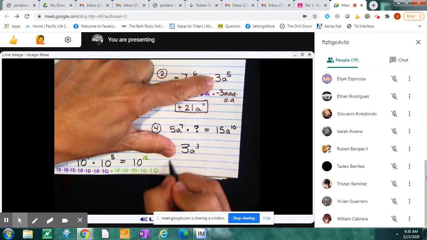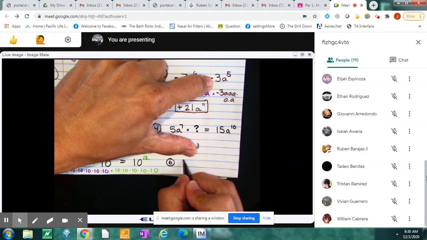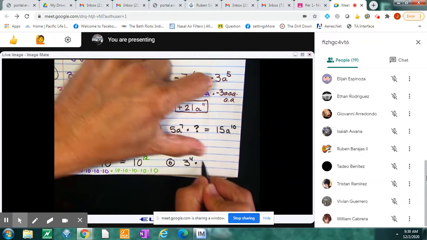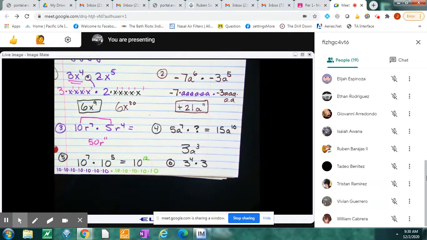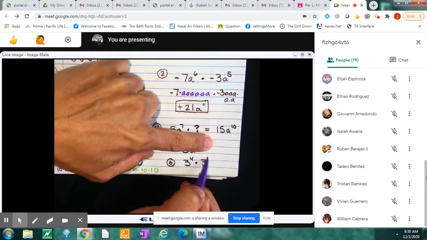So without having to do this, 3 to the 4th times 3 to nothing. Oh, there's one. 3 to nothing. But is it 0 or invisible 1 when there's nothing? It has to have a value, right? So it's actually the invisible 1.